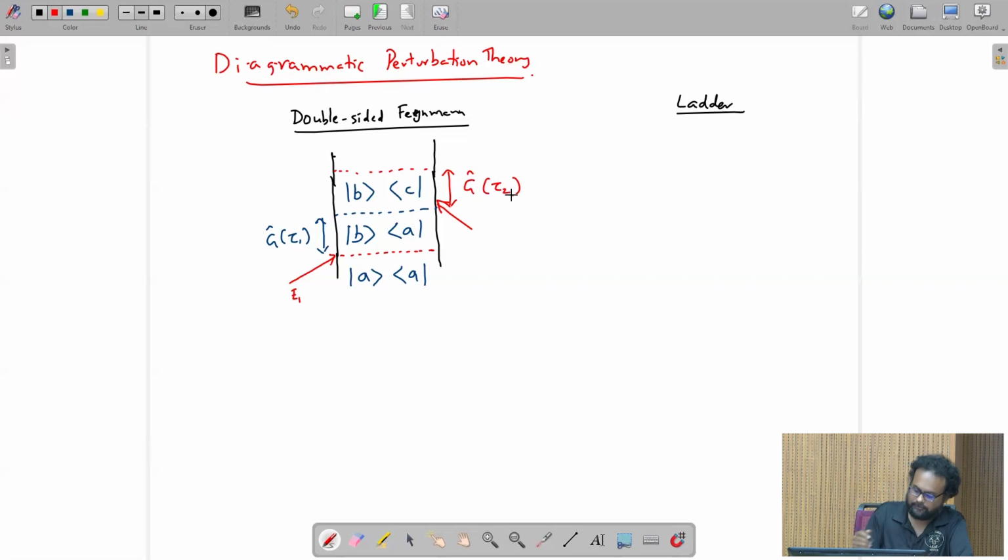After this evolution, let's say I don't have any more field interactions. Then what happens? I create a polarization, and this polarization is emitted, right? So that is captured in the diagram. Of course, when it emits, this will come down, let's say to some A.